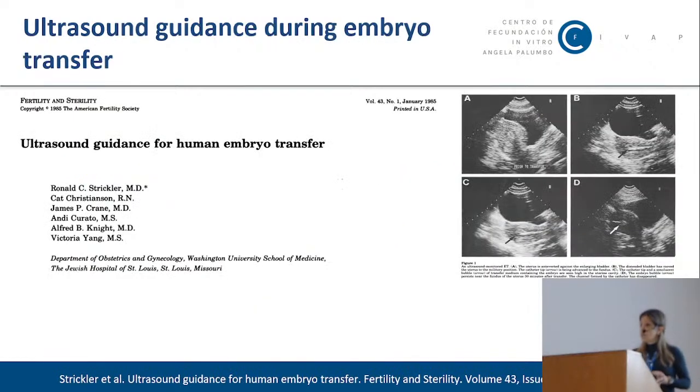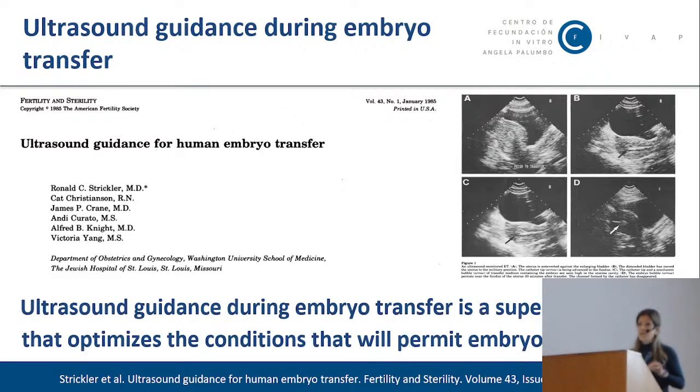The use of abdominal ultrasound to guide an embryo transfer was first discussed by Strickler back in 1985. He postulated that this would allow an accurate and atraumatic positioning of the catheter tip near the uterine fundus, along with visualization of the injection of the transfer fluid containing the embryo.